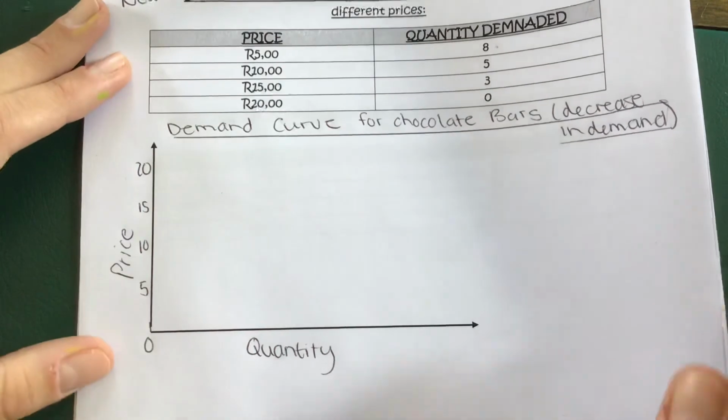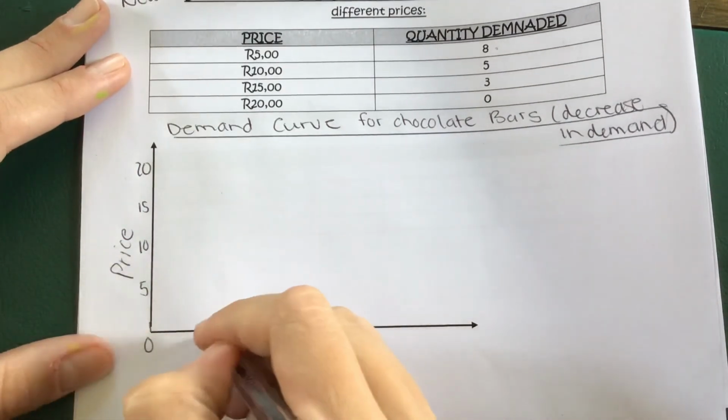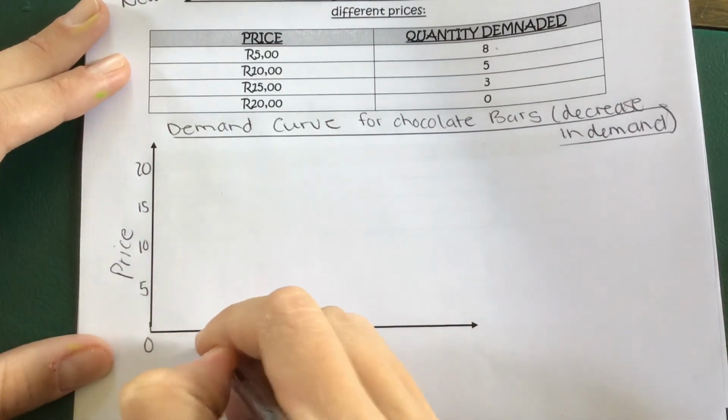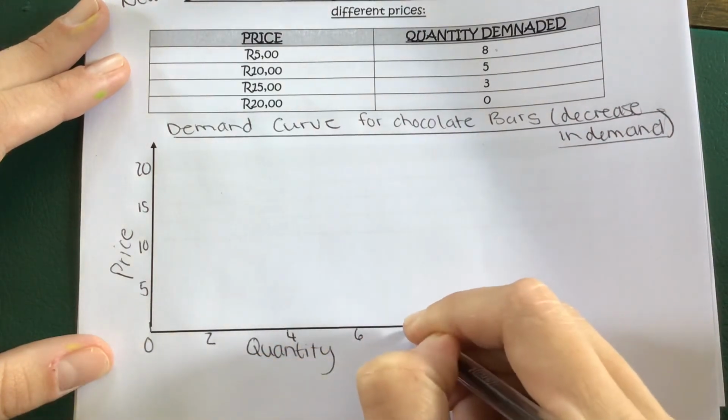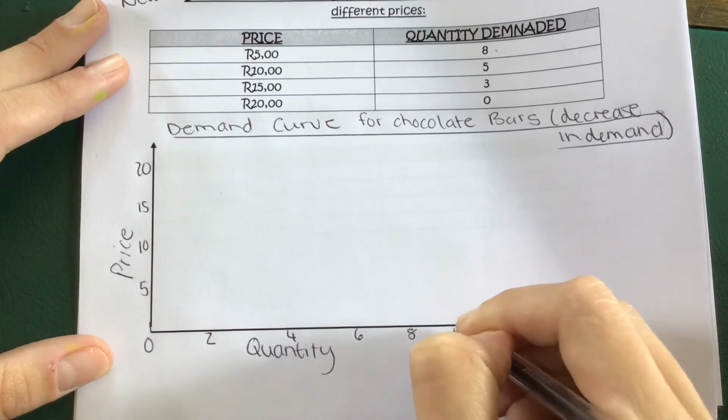And then let's do the same across like we did in the last one: 2, 4, 6, 8, and 10.